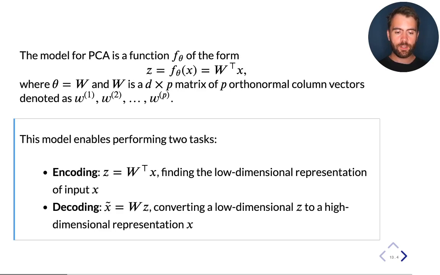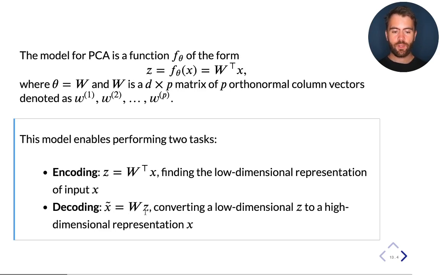We can apply W to it again, multiply by W, and the result is going to be an x tilde, which is a point that lies in the low-dimensional subspace, but now this point is represented in the x coordinate system.